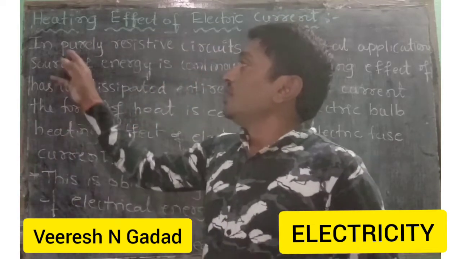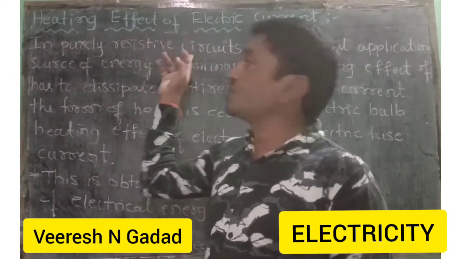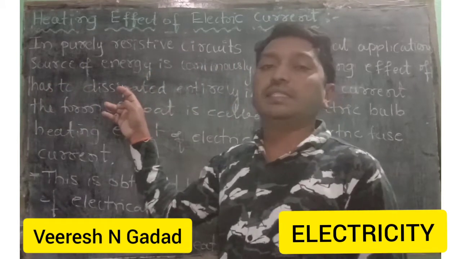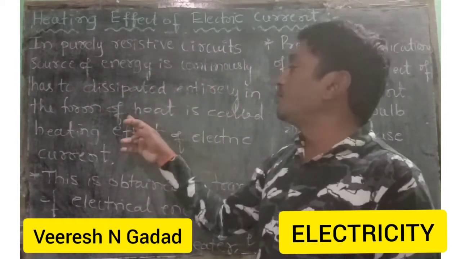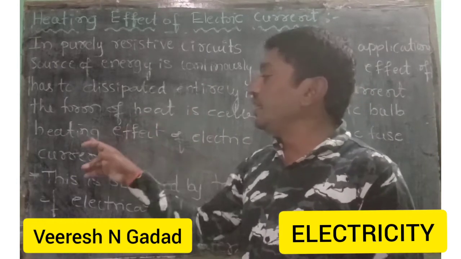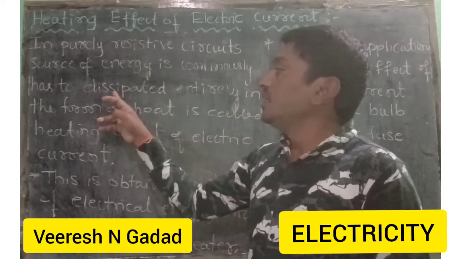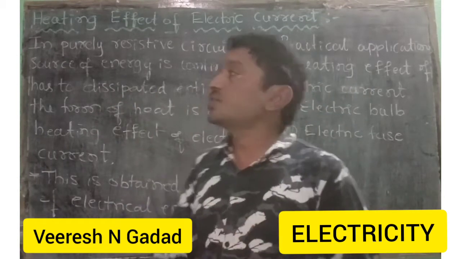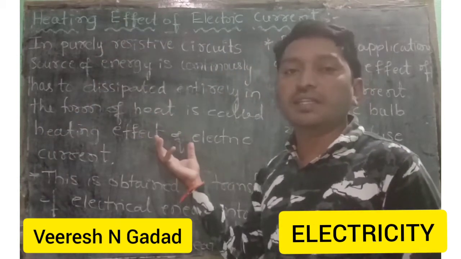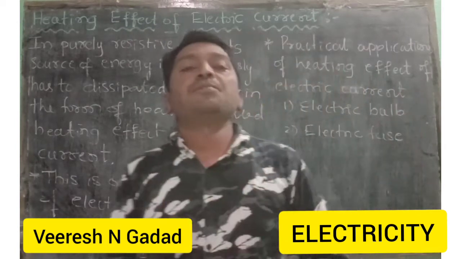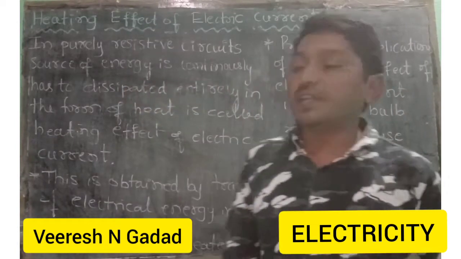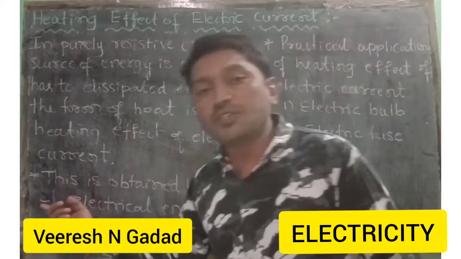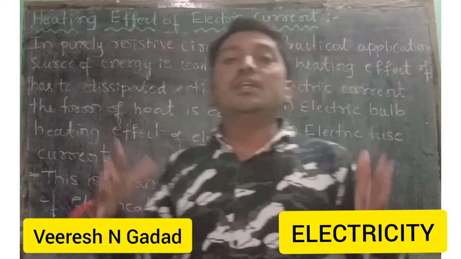In purely resistive circuits, the energy of the source is dissipated entirely in the form of heat, and this is called the heating effect of electric current. Here, dissipated means used completely. So the heating effect of electric current is the transformation of electrical energy into heat energy.